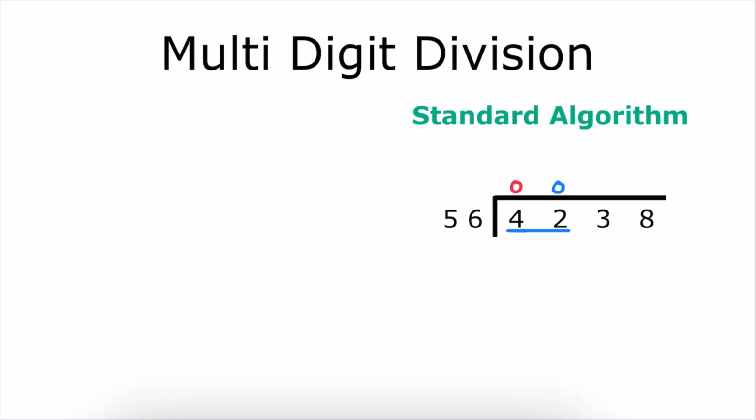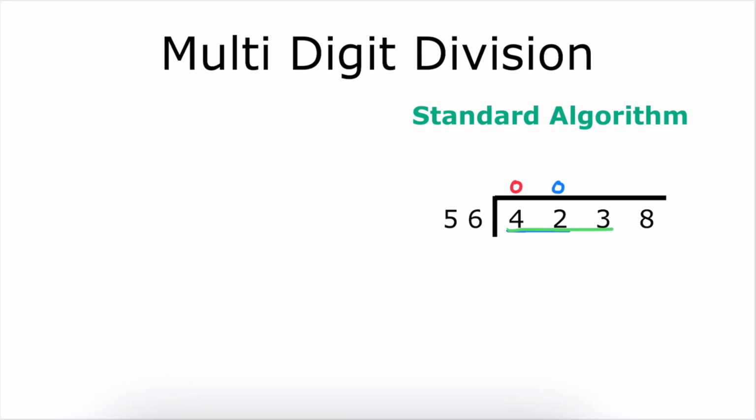Then I'll say, okay, well, if I take my 42 hundreds and convert them into tens, well, then I'm going to have 423 tens. And that can be split up into 56 different groups. But in order to figure out how many tens will go into each group, I'm going to use some of my thinking strategies to help me think about it.